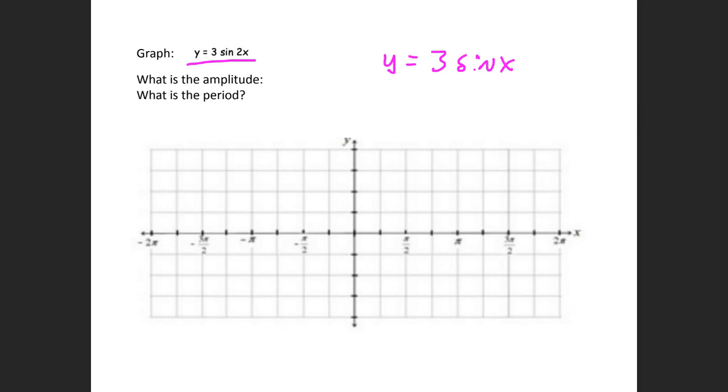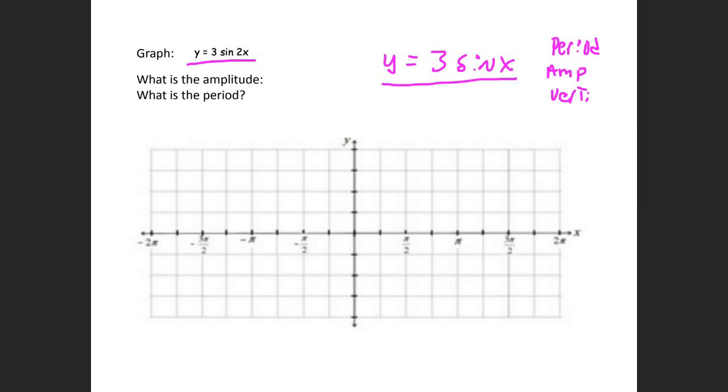When I do a problem like this, the first thing I always do is write down what is the period, what is the amplitude, what is the vertical shift up or down, and then we're going to talk about shifting left and right, but we're not there yet. So I'm doing this one right here.